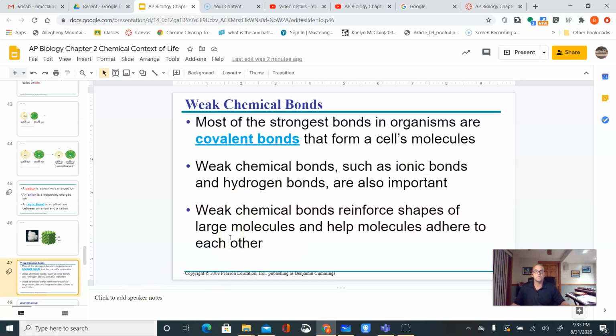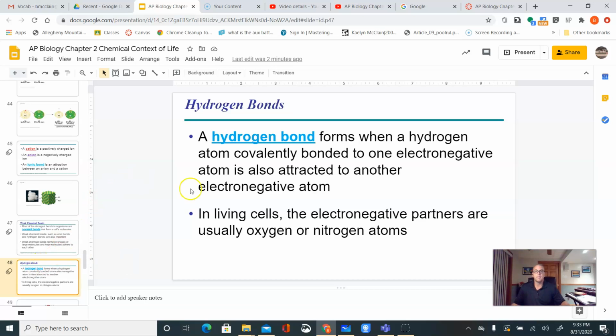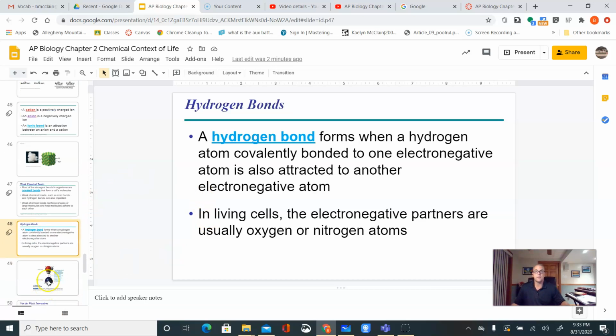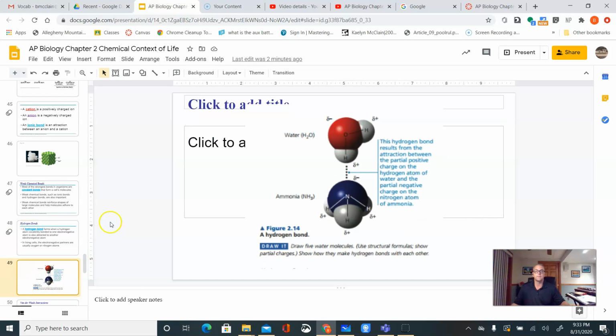We also have hydrogen bonds, which are going to be the strong interaction between the slightly electronegative atoms or molecules interacting with one another. So whether you're talking about water molecules, because when you think about water, water interacts with other molecules of water with a hydrogen bond.